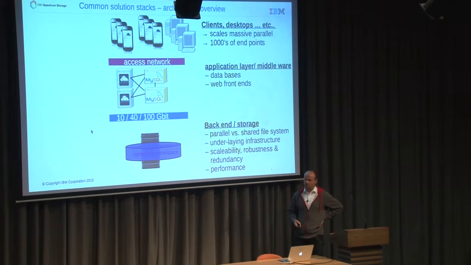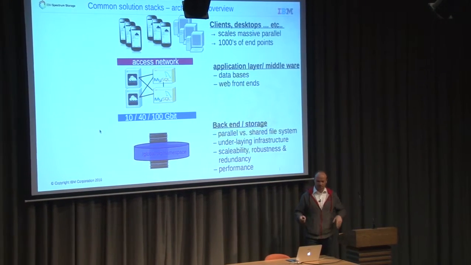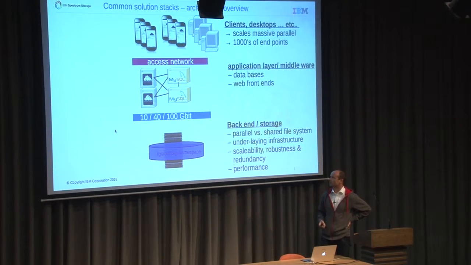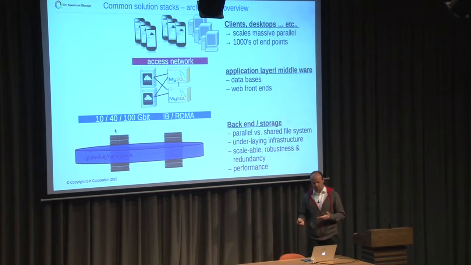And it may challenge you in the middle layer. You have applications and databases which need to be ready for these scaling requirements. And I will focus on the lower level, on the infrastructure, with Spectrum Scale. So if you have to decide, maybe you take a parallel file system.